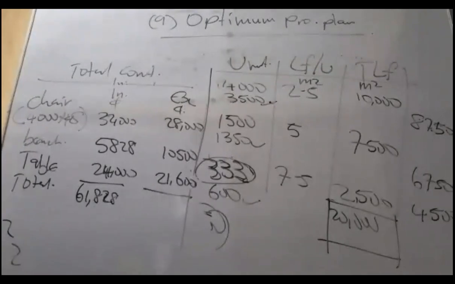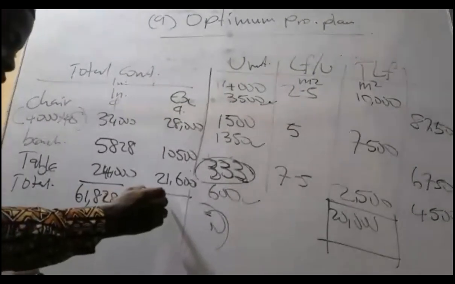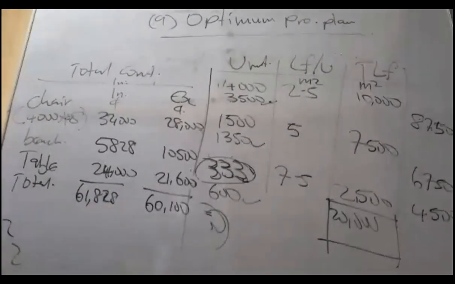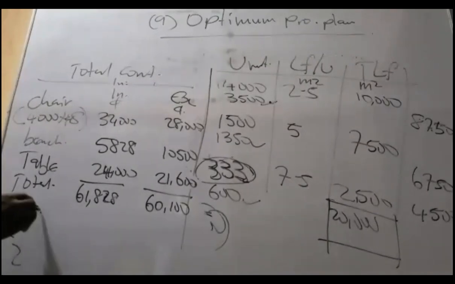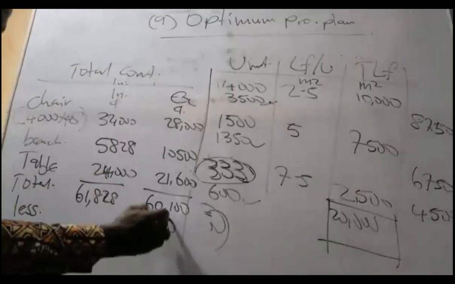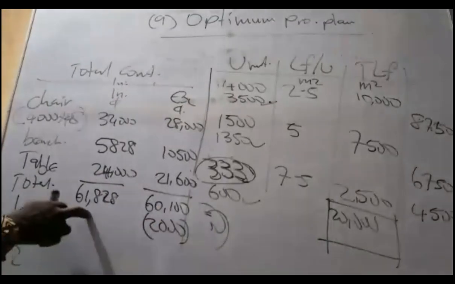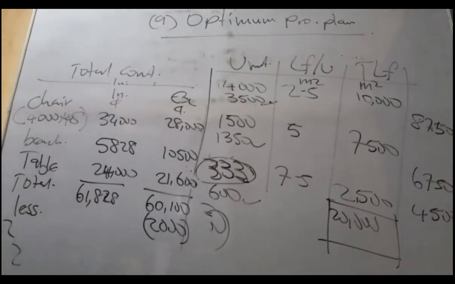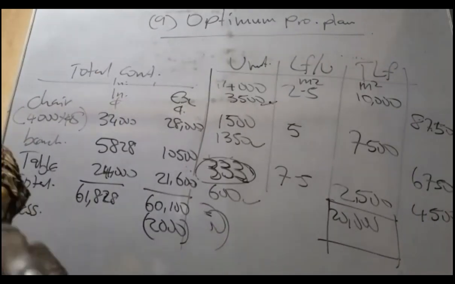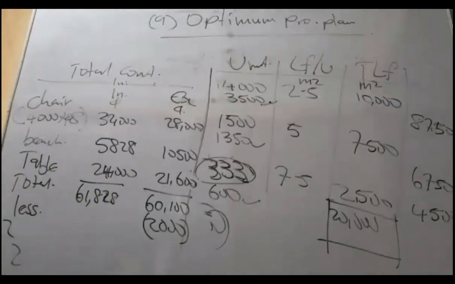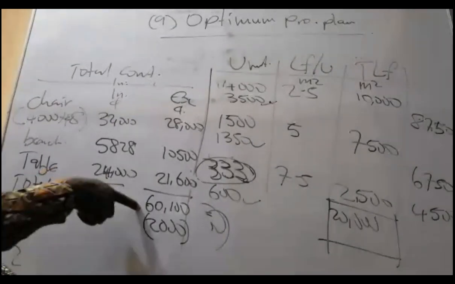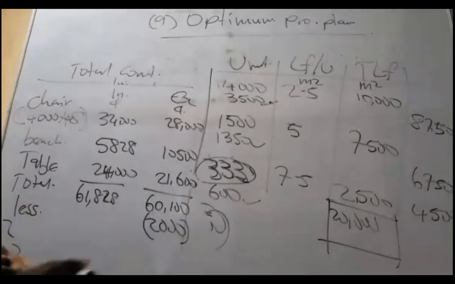So 60,100. Definitely you have to include it, less the penalty. Here we excluded it, so the penalty before was 2,000. We are taking 2,000 off. The penalty here will not be up to 2,000. It will be minimal. So even without the penalty, based on this contribution, it must be included.